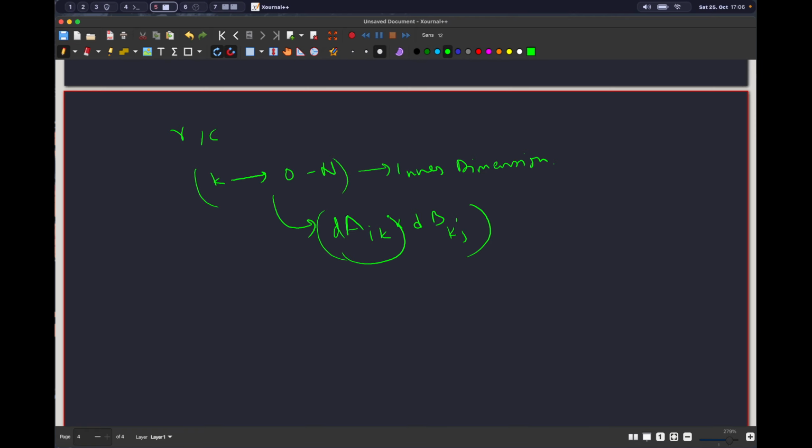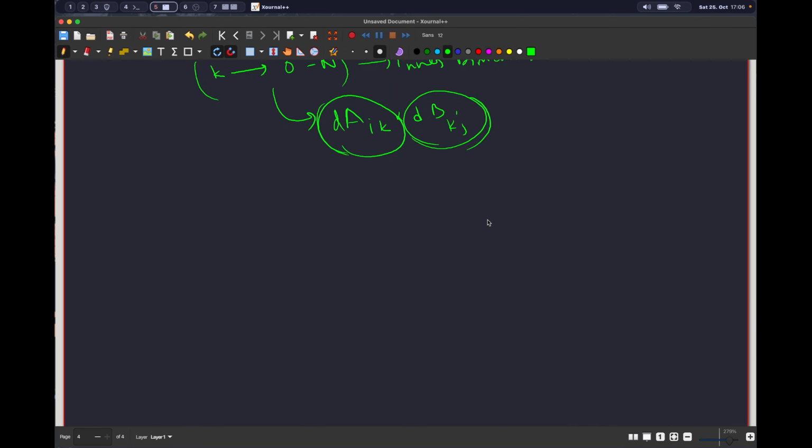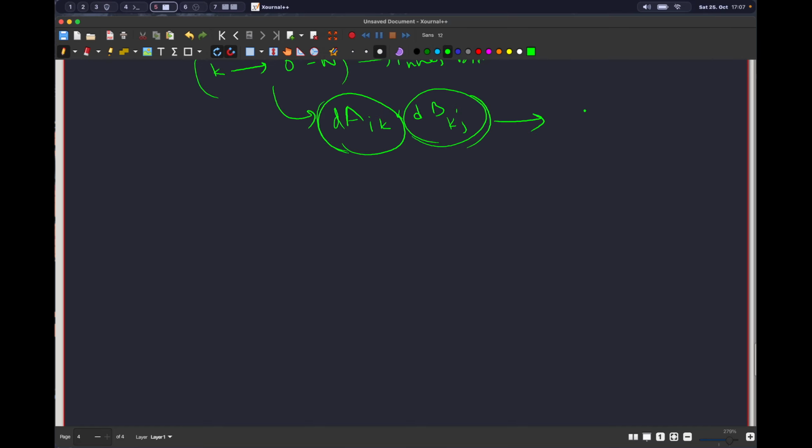Now you will observe that these particular elements, both from A and B, are accessed very frequently from the global memory. Now, each thread in a block, you need to understand this very carefully. Each thread in a block has access to global memory.